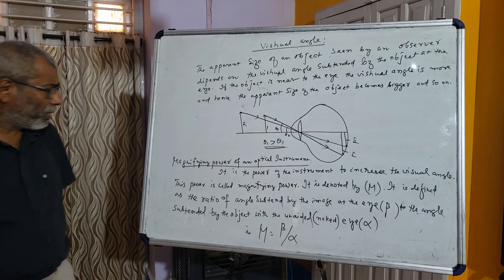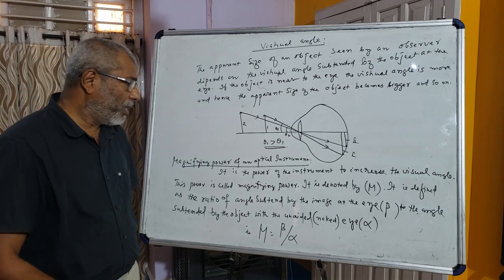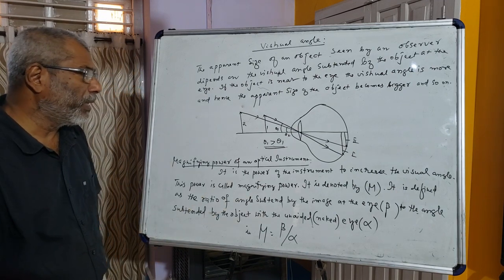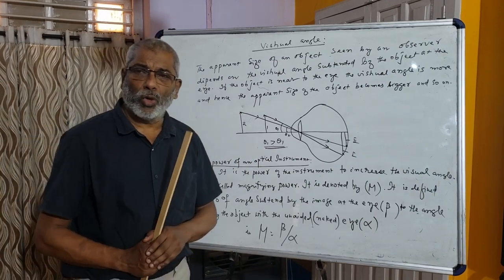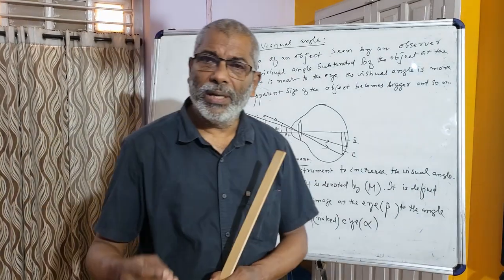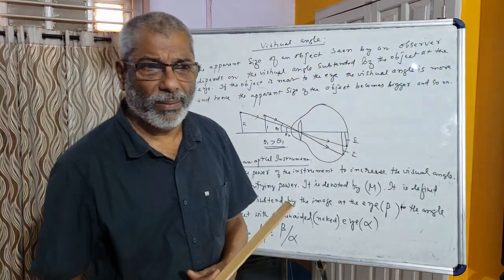Now, let us speak about the magnifying power of an optical instrument. It is the power of the optical instrument to increase the visual angle. Actually, microscopes and telescopes are devices that can increase the visual angle.